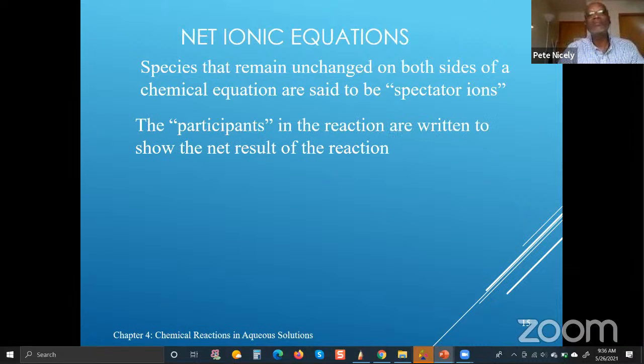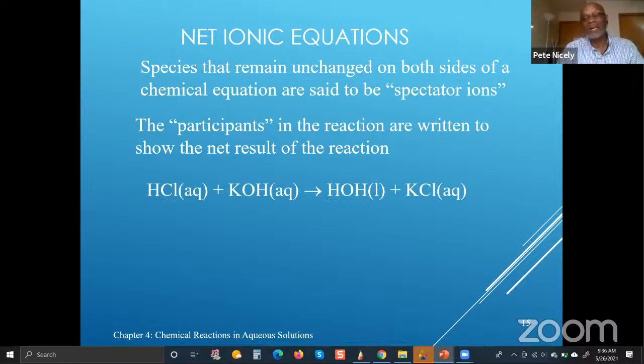So the example we're going to use here is the example of the potassium hydroxide reacting with hydrochloric acid to form water and potassium chloride. Now, remember we said that hydrochloric acid is a strong acid. We also said that potassium hydroxide is a strong base, right? And also potassium chloride in an aqueous solution, because it's an ionic compound, will also be a strong electrolyte and will undergo complete dissociation.